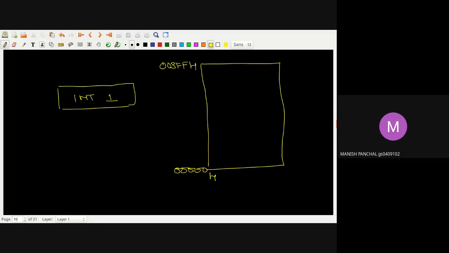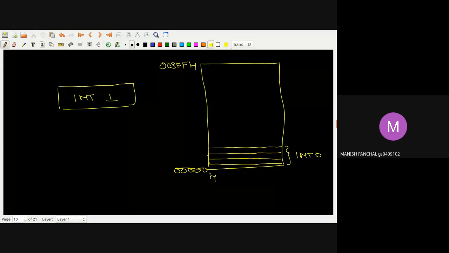Okay, so now come to the point here. These 4 locations may be reserved for INT0. So this portion is covered by INT0. So 1, 2, 3, 4. Here we can say this is covered by INT0. So this is 0, 1, 2, and 3.